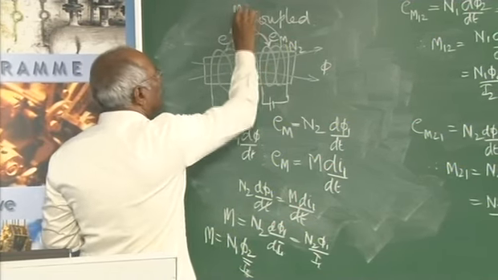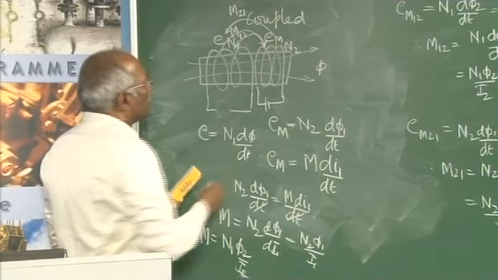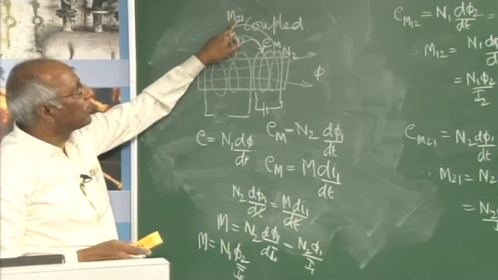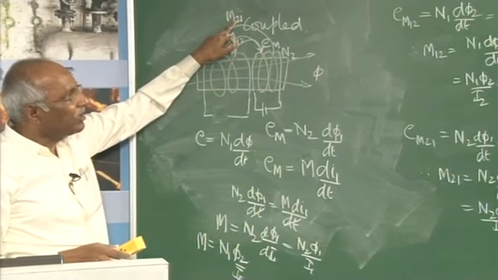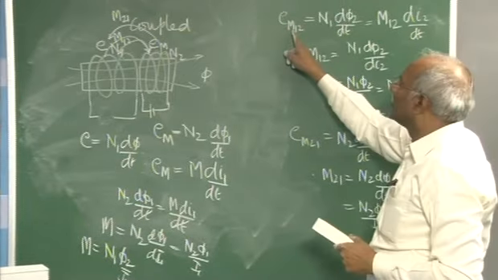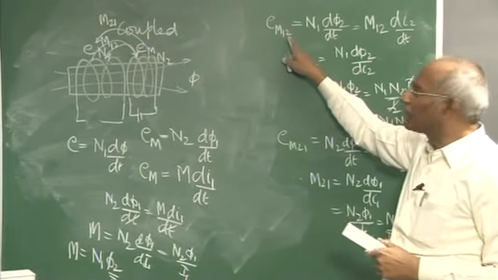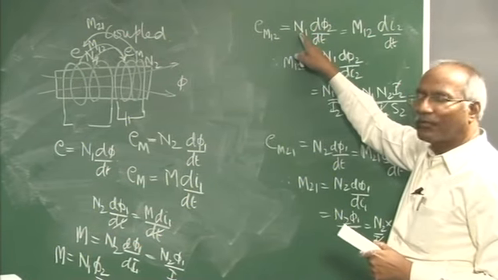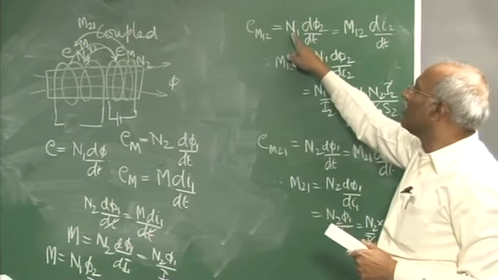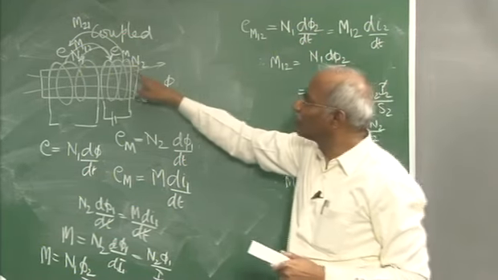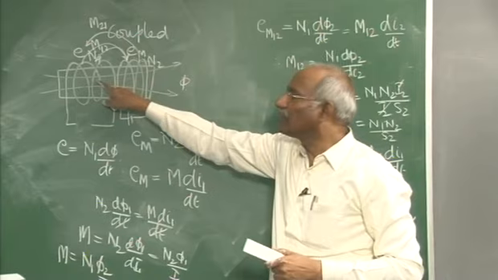Now, if I call it M21, then what will be the magnitude of M12 and of M21? In order to understand, here I have considered EMF induced in the first coil due to the second coil. The number of turns linking with the first coil is N1 and the flux established by the second coil is phi 2. All the flux produced by the second coil is linking with the first coil.